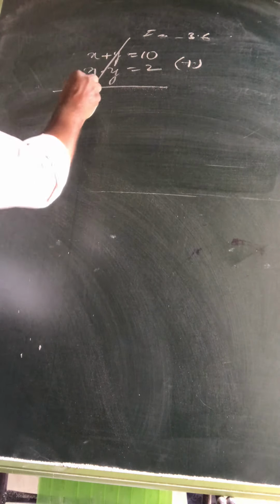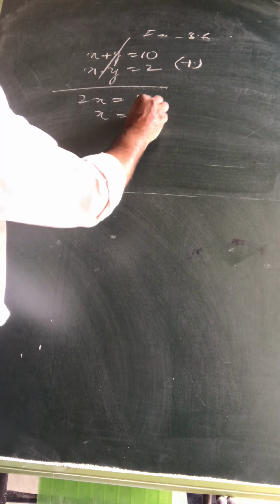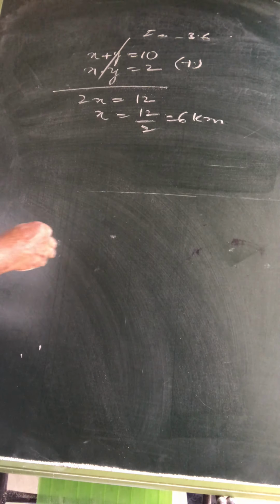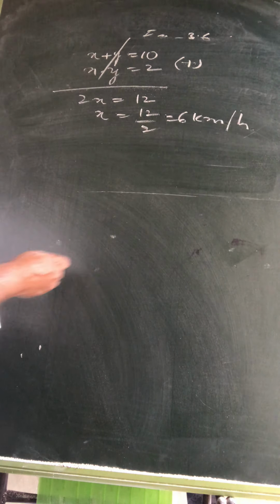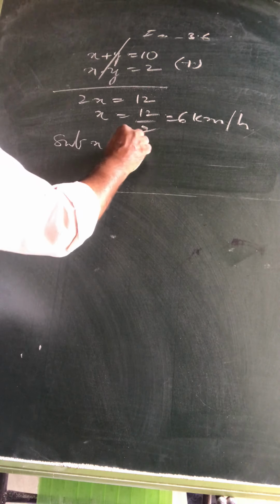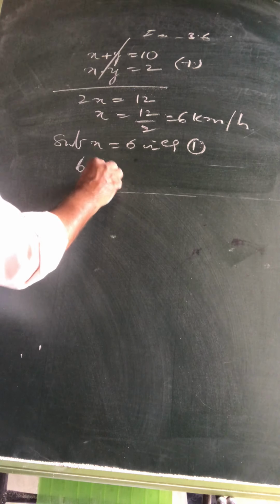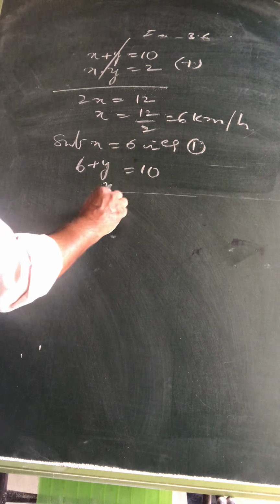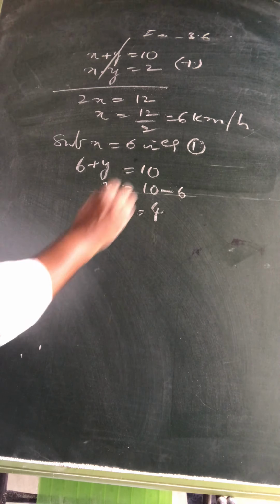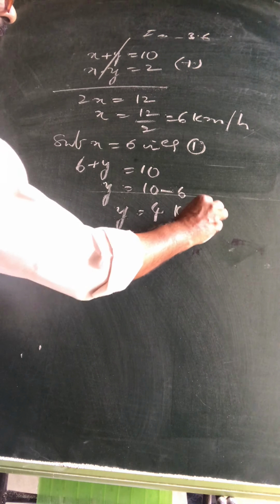Plus y minus y cancel. 2x is equal to 12 and x is equal to 12 by 2, which is 6 kilometers per hour. Substitute x is equal to 6 in equation 1: 6 plus y is equal to 10, y is equal to 10 minus 6, y is equal to 4.